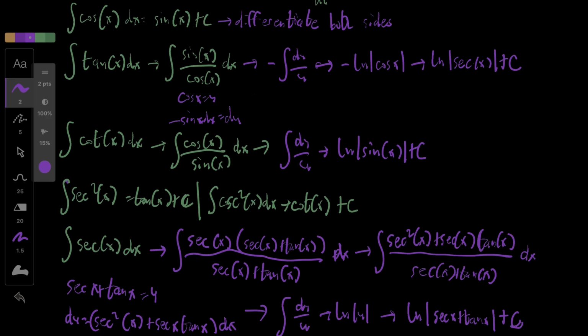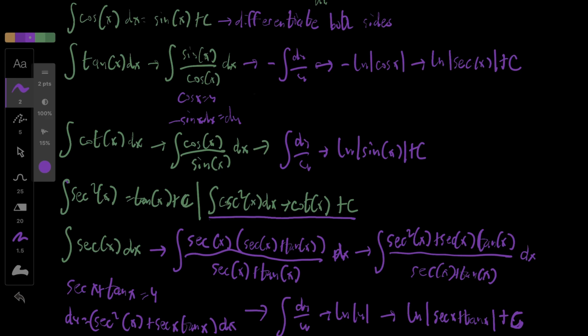And that's pretty much about it. So that's a very, very efficient and beautiful method to solve for this integral. Now, my challenge for you today is to figure out the integral of cosecant of x dx.